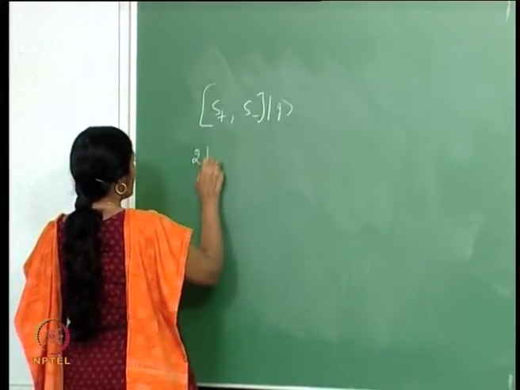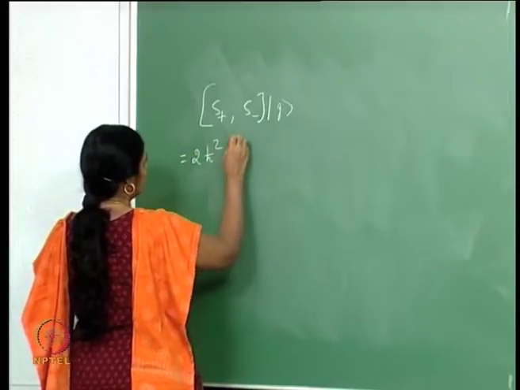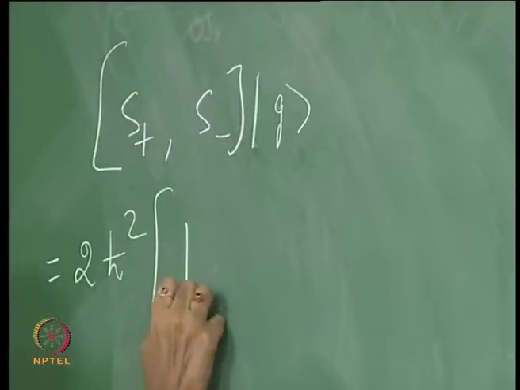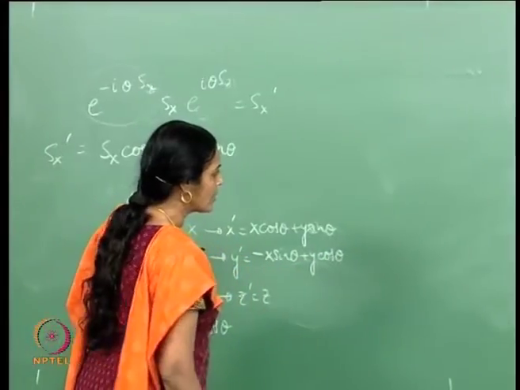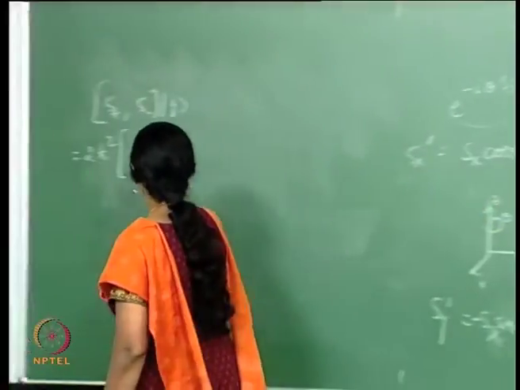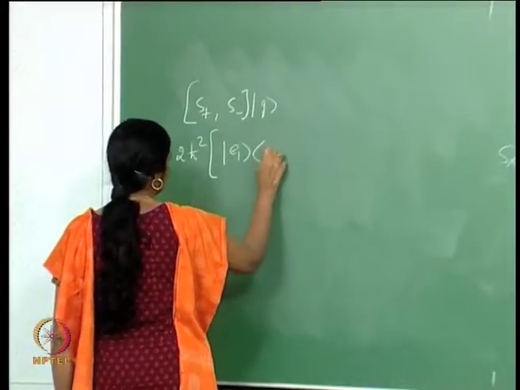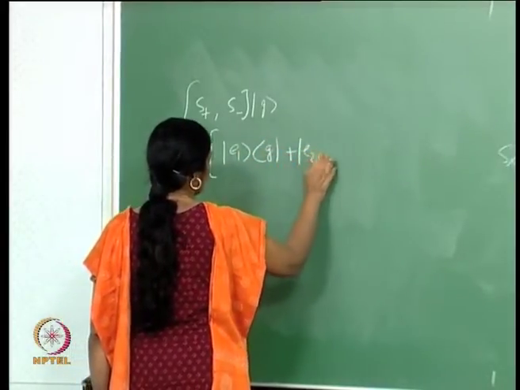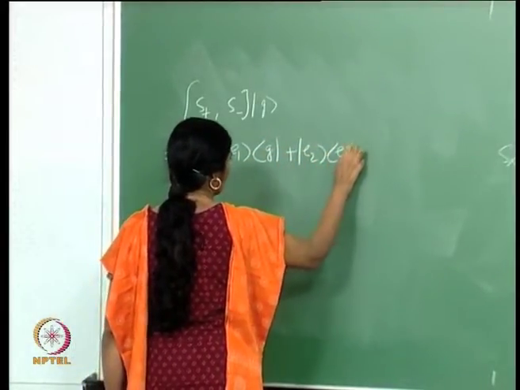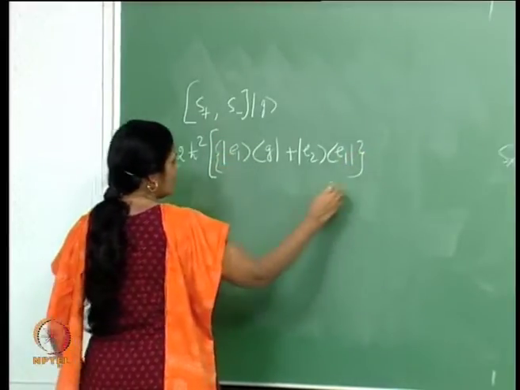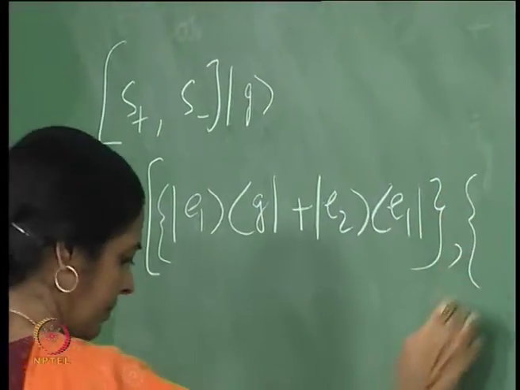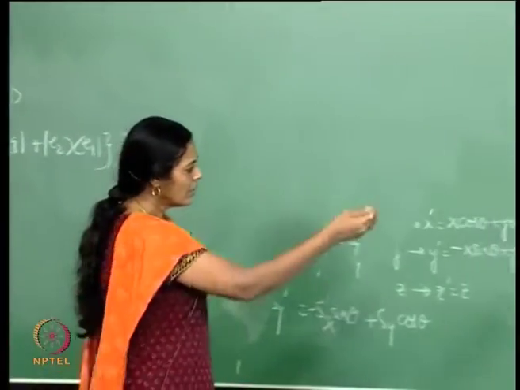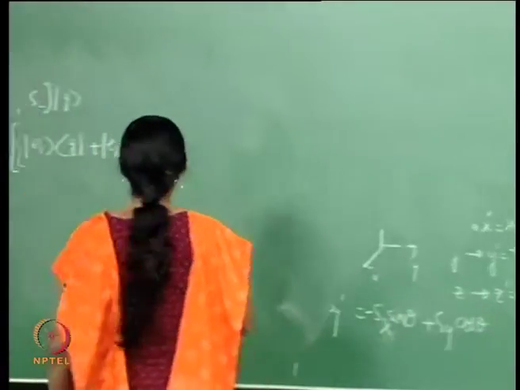So, this just gives me 2H cross squared, the commutator of S plus with S minus, which is just E1G plus E2E1, the commutator of this with S minus, which is GE1 plus E1E2.